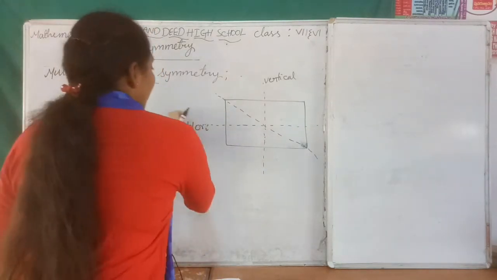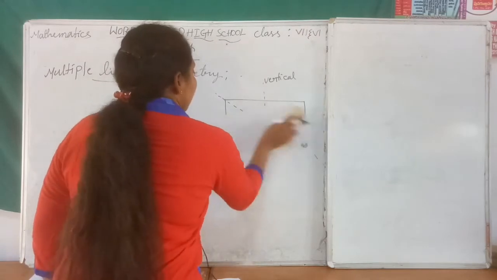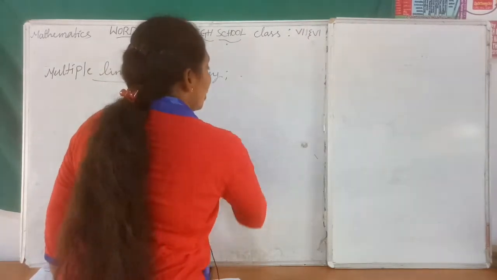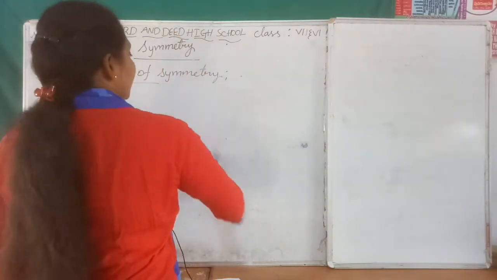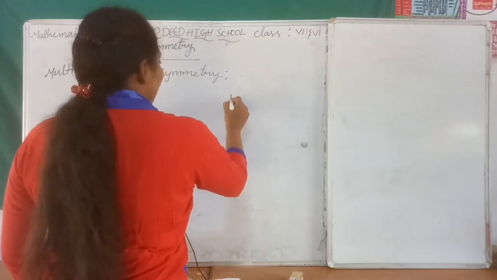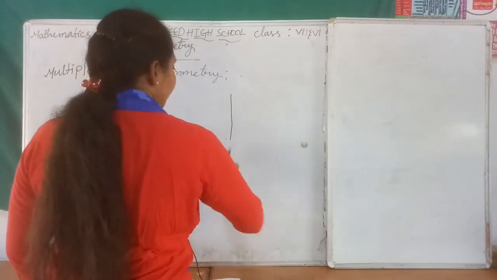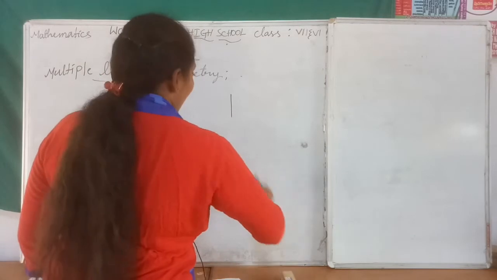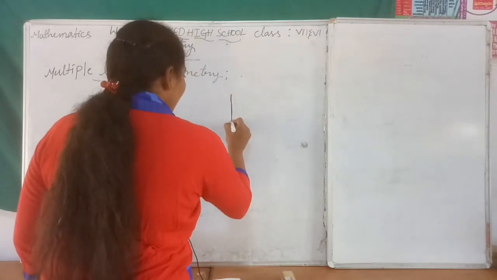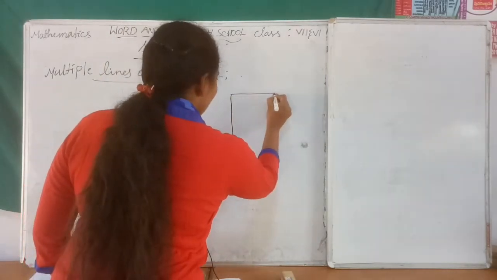Suppose the other object. Now we can take a square, children. Square means what, children? All the sides are equal.